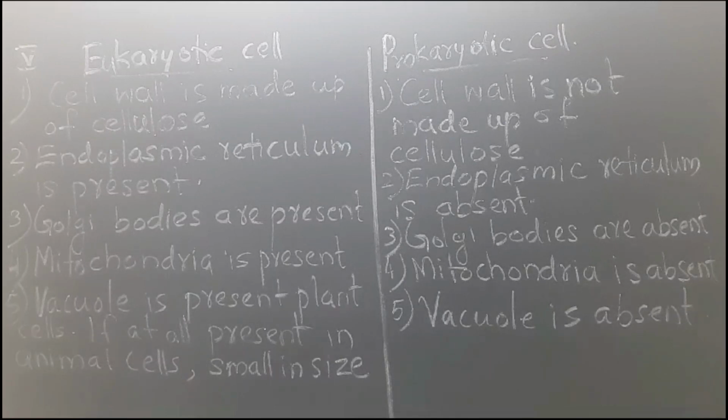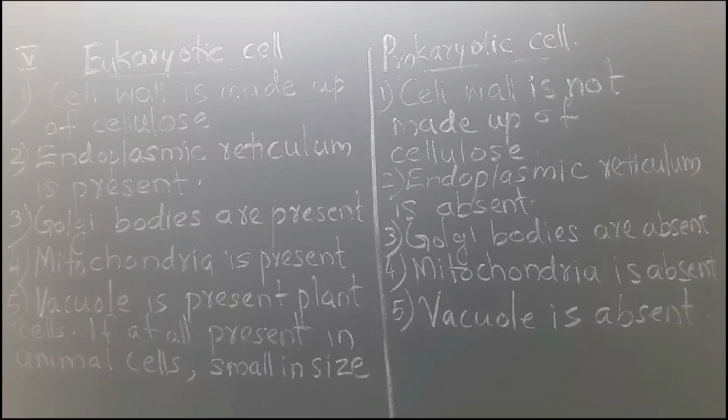Number 2, endoplasmic reticulum is present in eukaryotic cell, whereas endoplasmic reticulum is absent in prokaryotic cell. Third point, Golgi bodies are present in eukaryotic cell, but Golgi bodies are absent in prokaryotic cell. Fourth point, mitochondria is present in eukaryotic cell, but mitochondria is absent in prokaryotic cell.